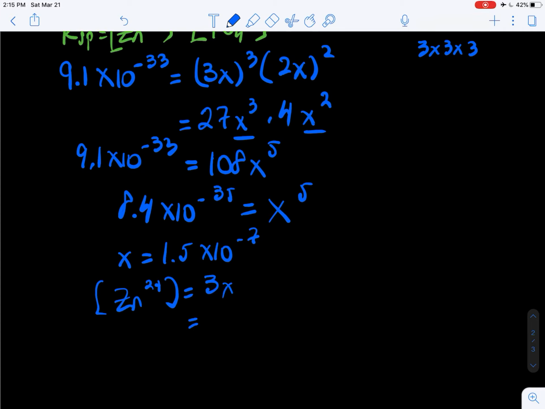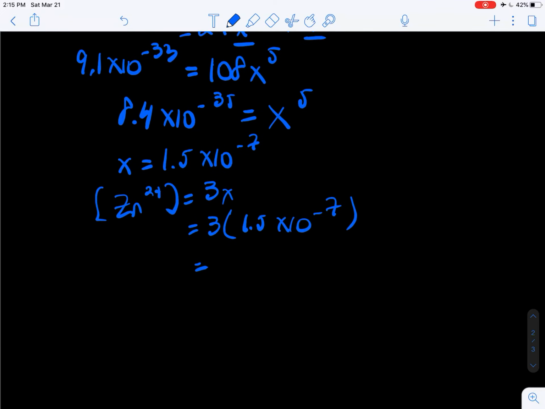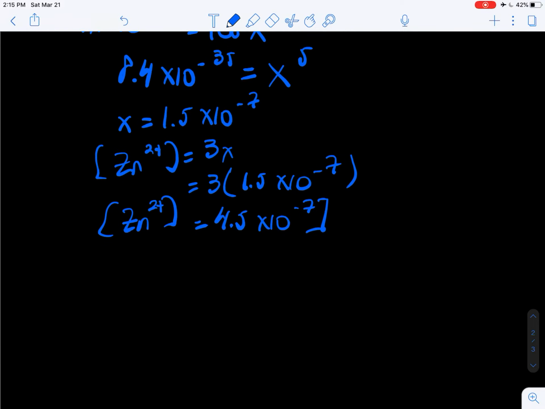So we want to multiply that by 3. Okay. And, you know, that's 4.5 times 10 to the minus 7. Okay. Whoops, why did I put that in brackets? Okay, so that's molarity or whatever units, okay? So we're done with that.